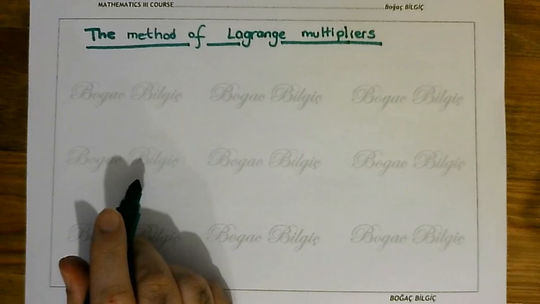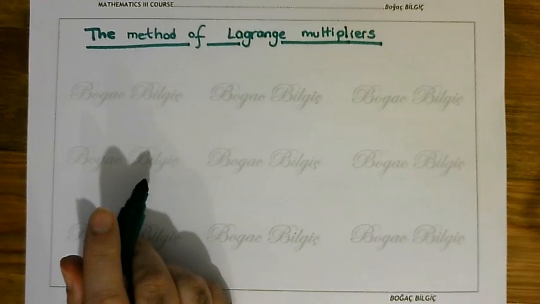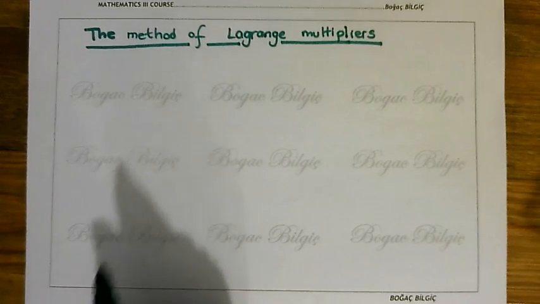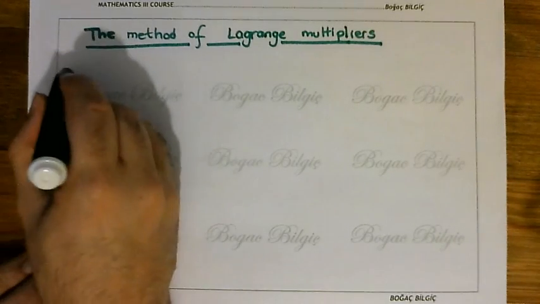Such constraints tend to complicate optimization problems. In this section, you will study an ingenious technique for solving such problems. It is called the method of Lagrange multipliers. This technique is based on the following theorem.